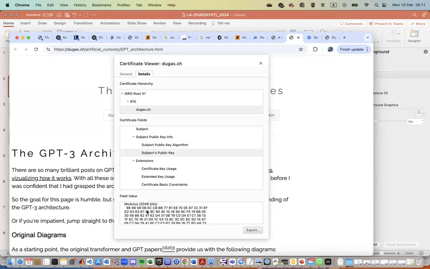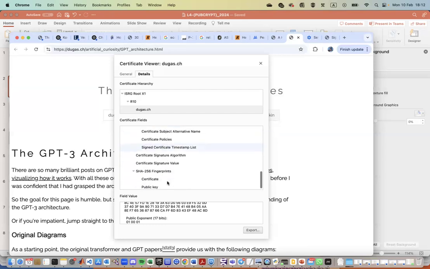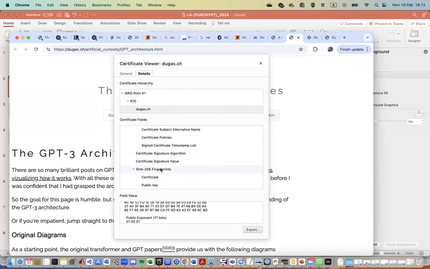In this key, you see that there are plenty of numbers, which is called the modulus, and then down the lines, you see something called the public exponent. Altogether, this construct corresponds to a key. You can use these lots of numbers as input to the specific algorithm and verify the correctness of the certificate. I will come back to the exact procedure for generating a signature a little bit later.